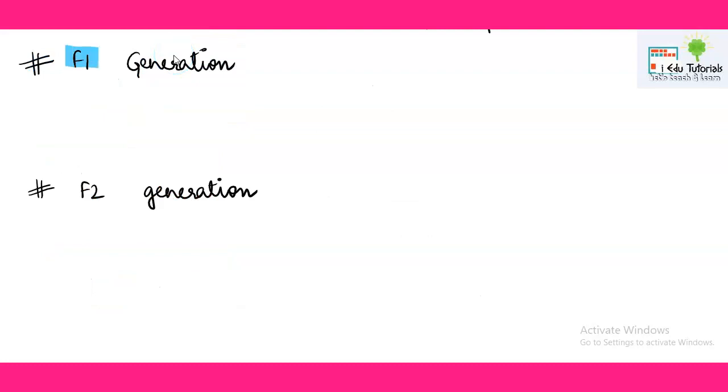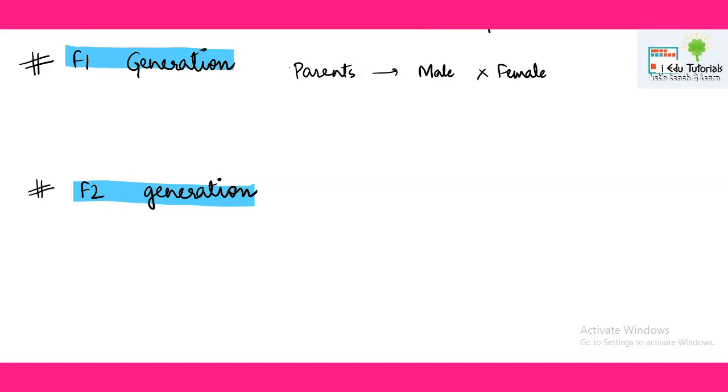The next 2 terms are F1 generation and F2 generation. Suppose I am talking about your parents. Parents undergo sexual reproduction to produce their offspring. Of course, 2 parents will be there, one male and another female.